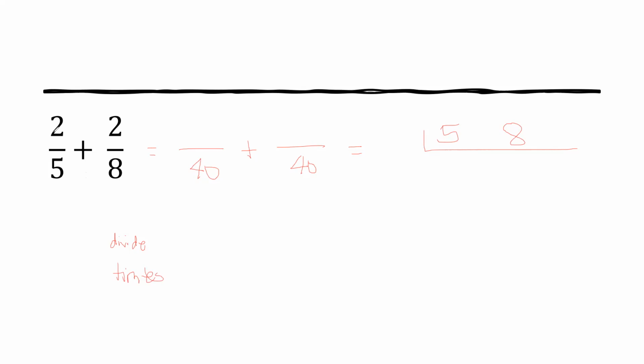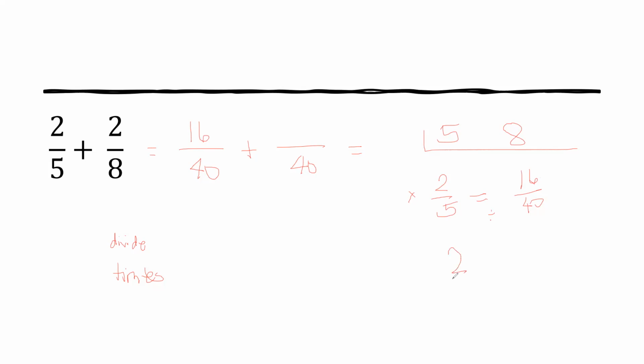Times 2, 16. Ulit, ayusin ko para mas makita nyo. 2/5, this is 40. Divide, then times. 40 divided by 5 is 8, times 2, 16. So this is 16 over 40.